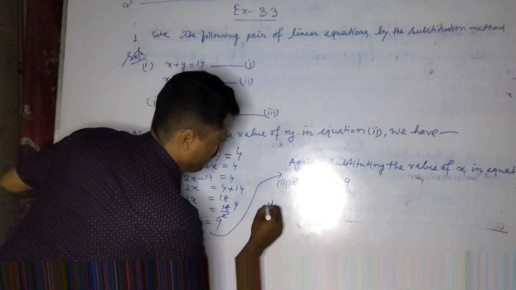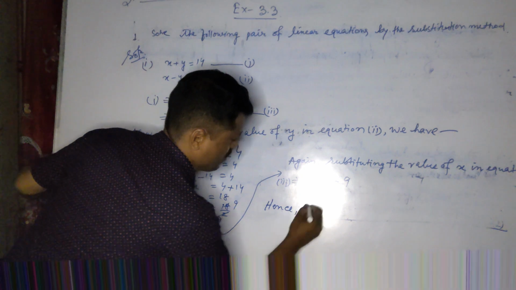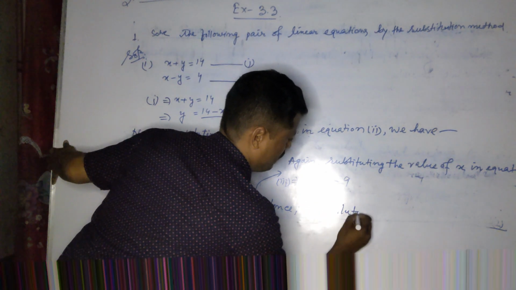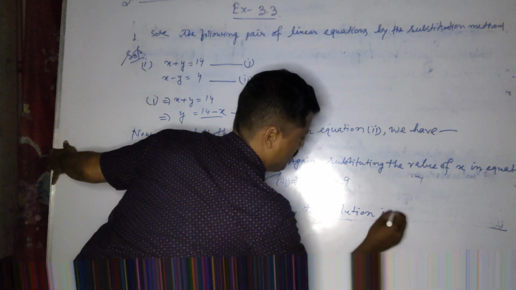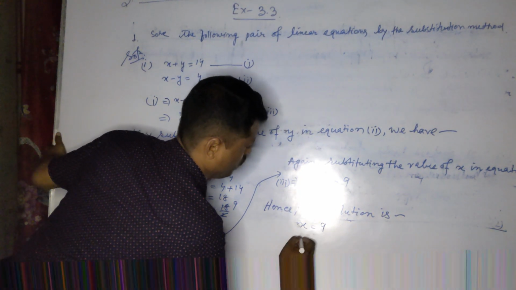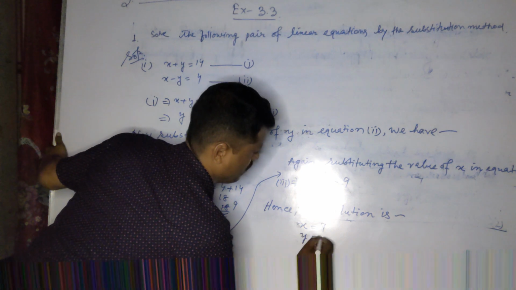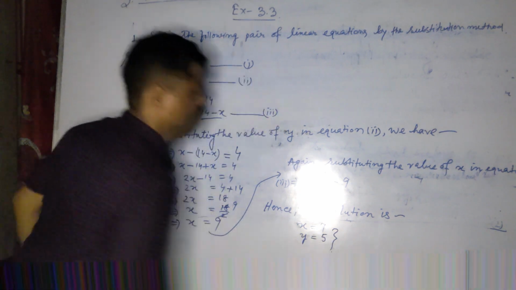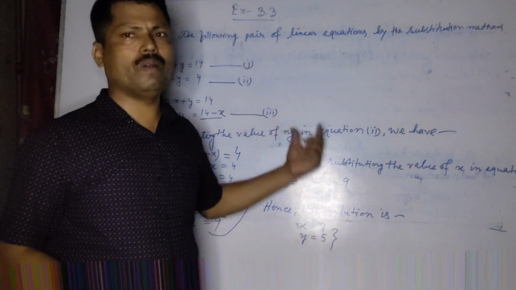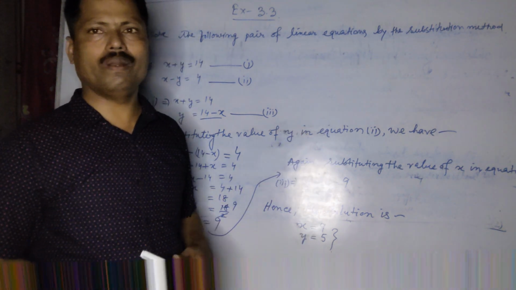So hence you can write like this: hence the solution is x is equal to 9 and y is equal to 5. So we can prove this also by ourselves, whether our sum is correct or incorrect.